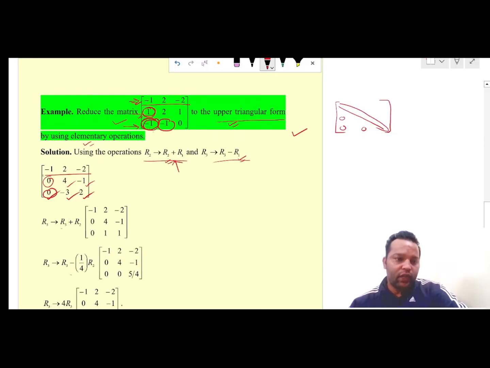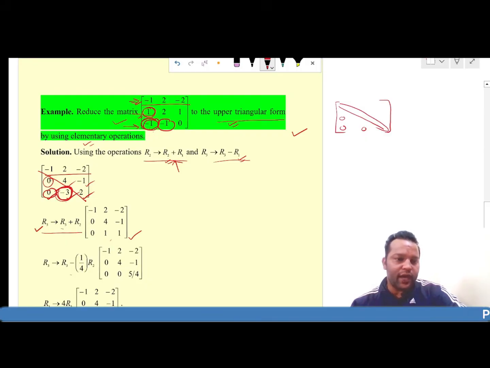Now, in order to reach the triangular form, our objective is to reduce this entry -3 into 0 with the help of a suitable elementary transformation. Apply this operation, R3 is replaced by R3 plus R2. Then the change will be in the third row; the first two rows remain as they are.